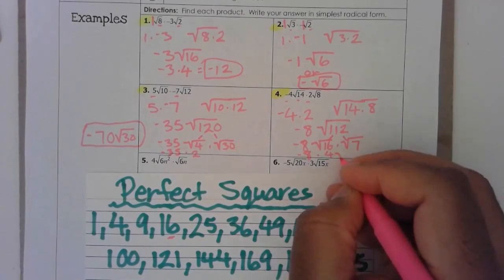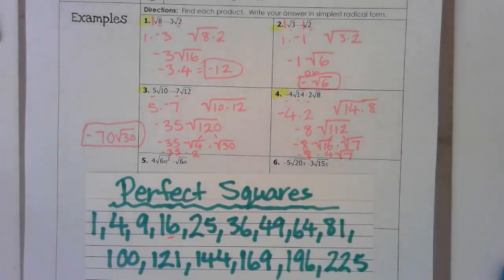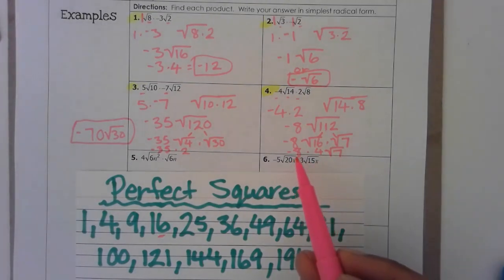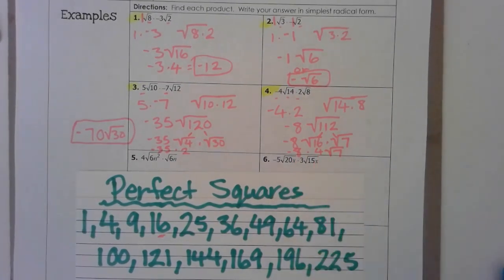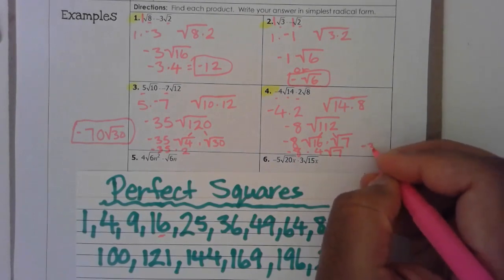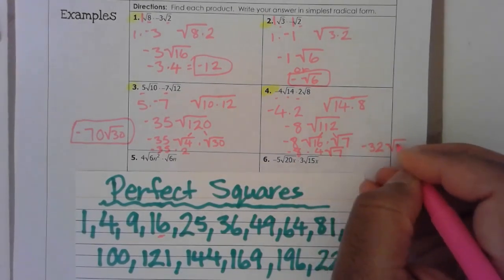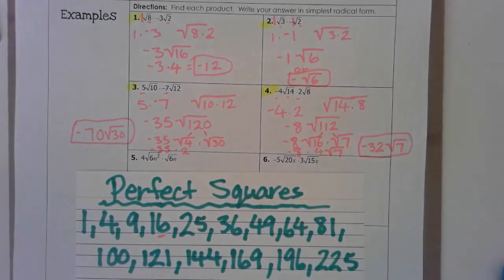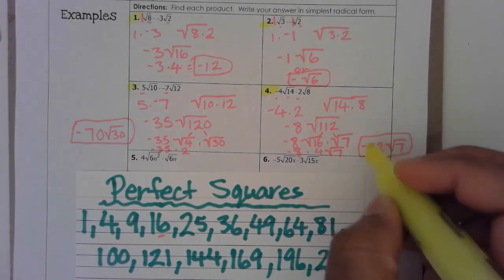And once again, as you guys can see, I'm running out of room, so some things never change. Once I multiply these numbers, -8 times 4, I'm going to end up with a -32 square root of 7. Okay, so that's probably the more straightforward examples here of multiplying radicals.